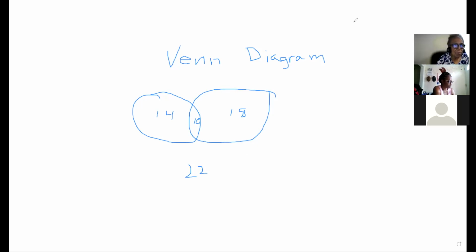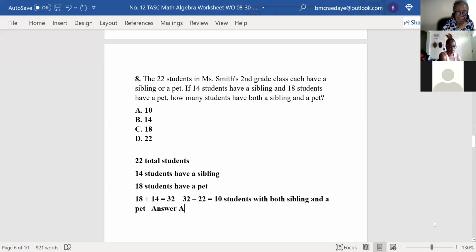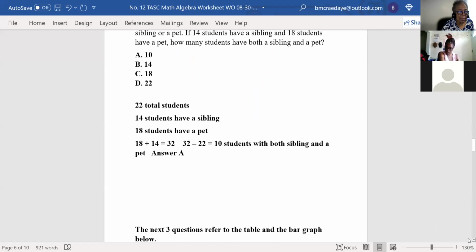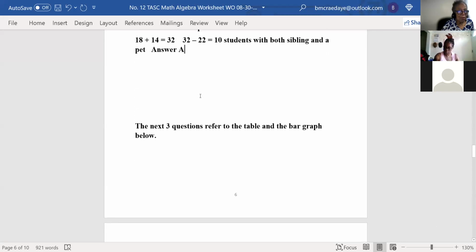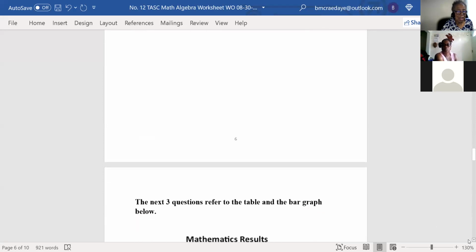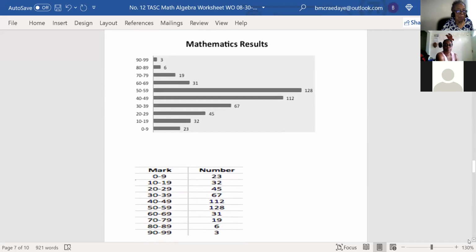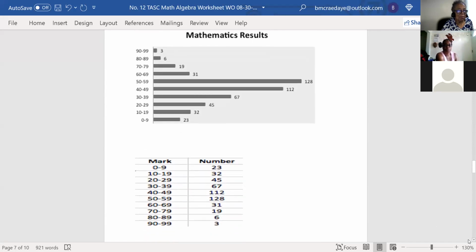All right. Okay, let's go back to what we were sharing. So that's number 8. Let's go to number 9. Now, this one had a table and a bar graph, and 3 questions use the table and the bar graph. There's the number of students within the range of scores.